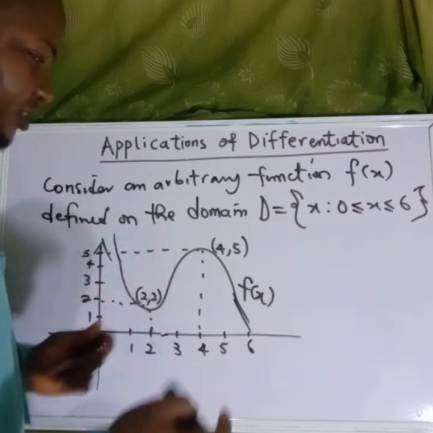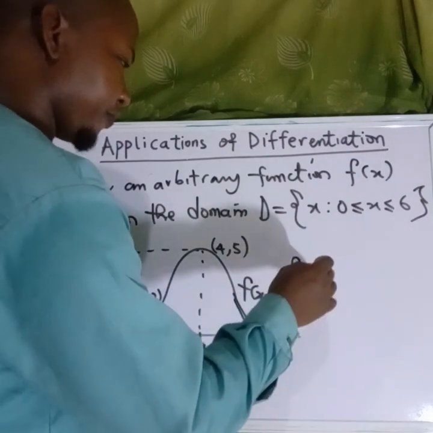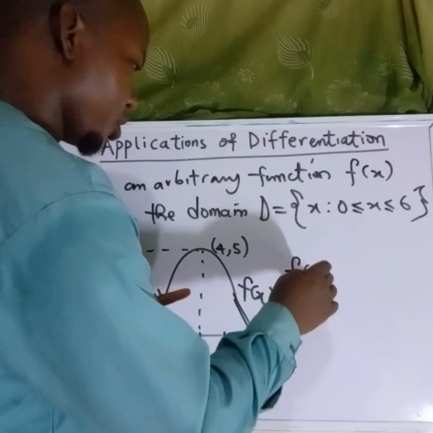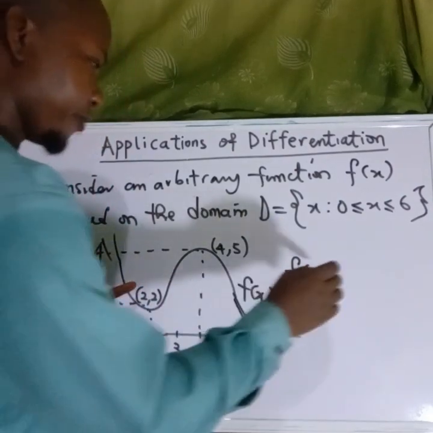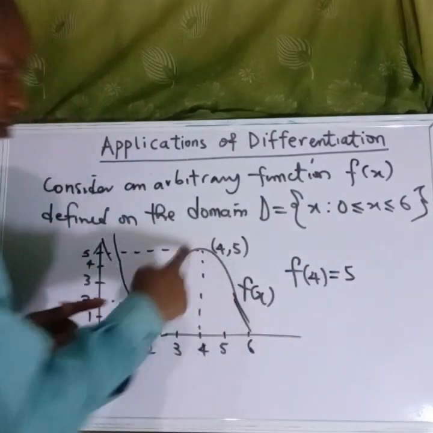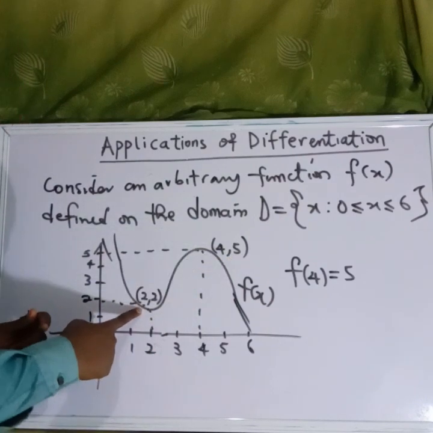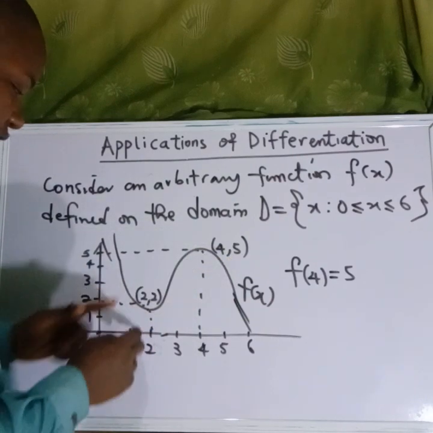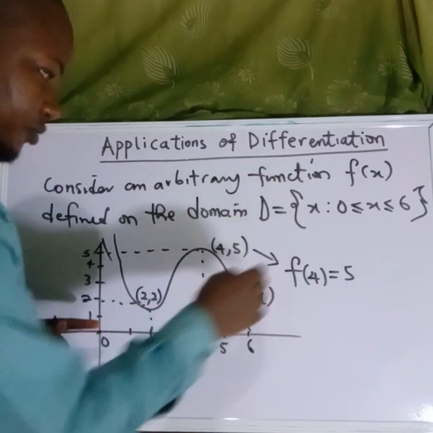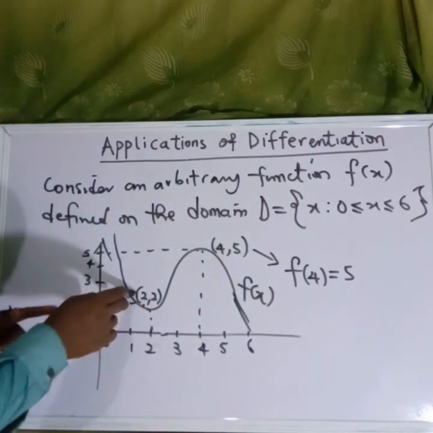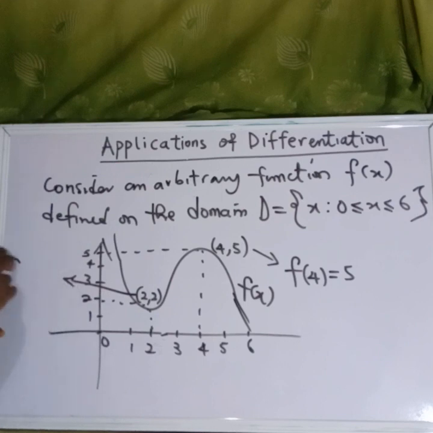So what this curve is telling us is that if you find f of 4 for this curve, f of 4 is equal to 5. Okay, and that is the coordinate here. And this coordinate means if we find f of 2, f of 2 also means 2.